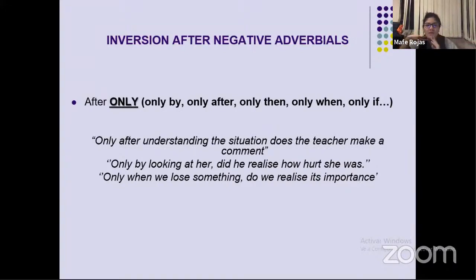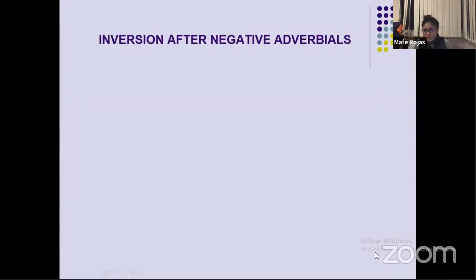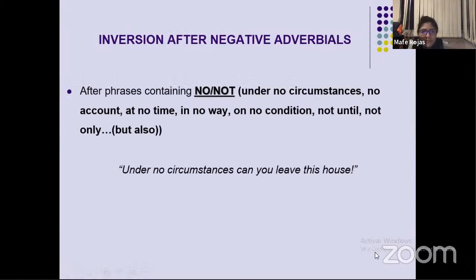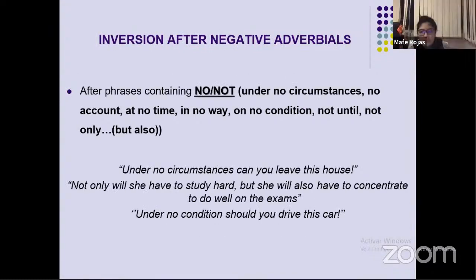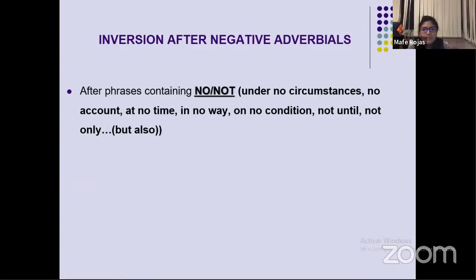After all, only by, only after, only then, only when. And with any negative sentences, for example, containing no or not. Under no circumstances are you allowed to go out.